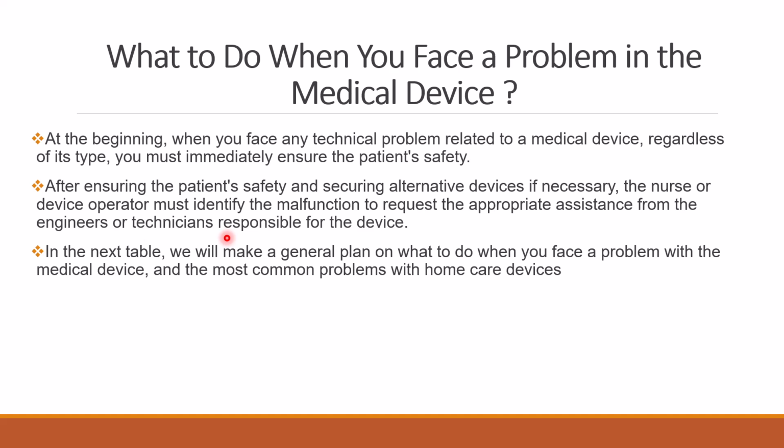If you don't know what happened to the device and you can't give the information needed to the technicians, they are going to come with missing tools, with missing spare parts. So first of all, you have to know what happened with the device and in which part. They will ask you some questions on the phone just to understand the case more, and they will assist you with the device.